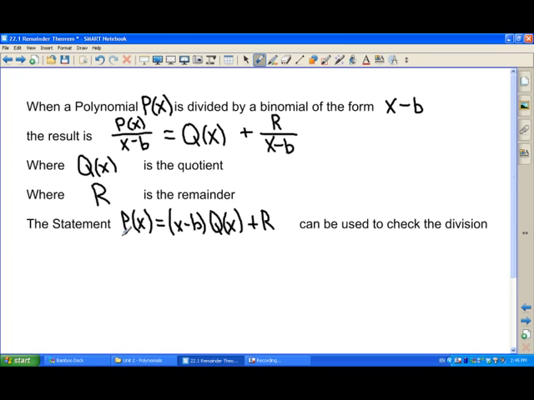So this is simply saying that the polynomial p of x is equal to the divisor times the quotient plus the remainder. We can use that to check our division to see if the division's right.